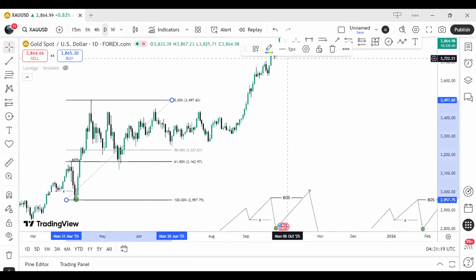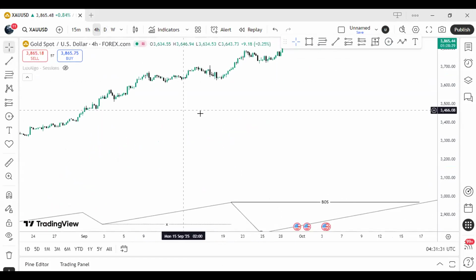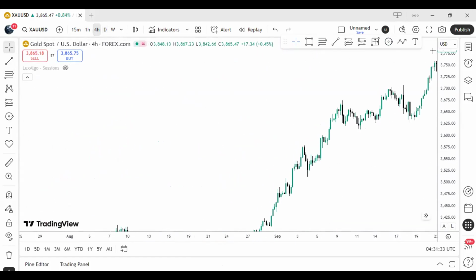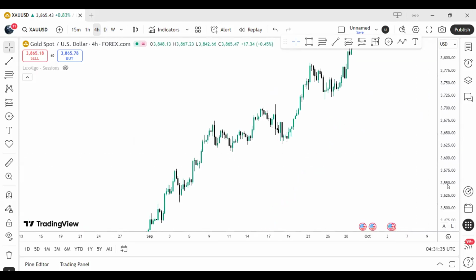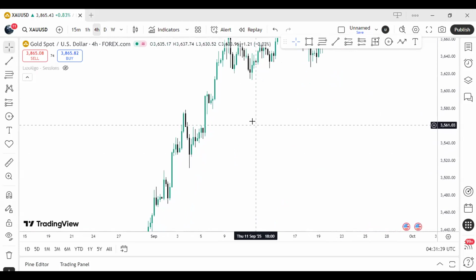All right. So now let's switch to the 4 hour time frame. We are now seeing that the daily time frame is bullish. Now on the 4 hour time frame, let's quickly go through what is happening at the moment, right?